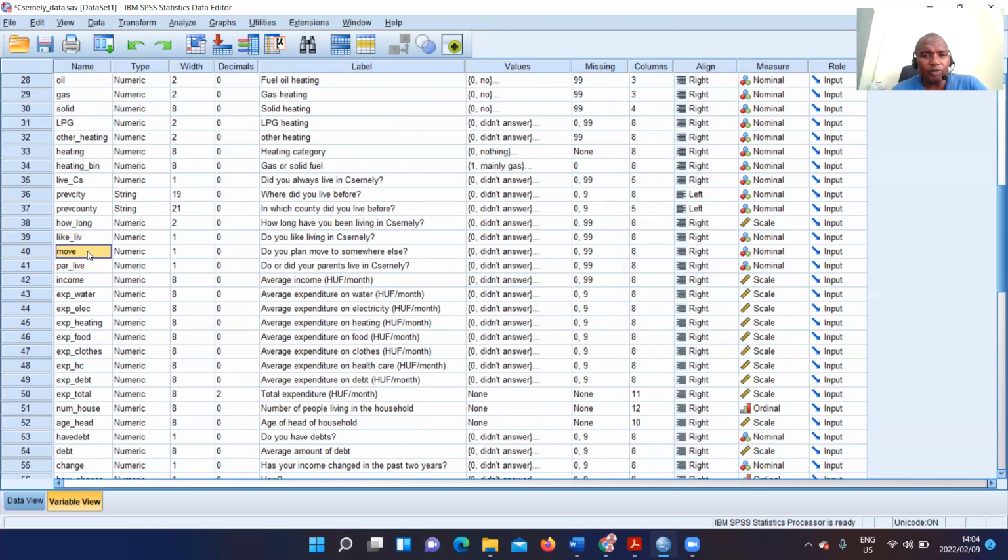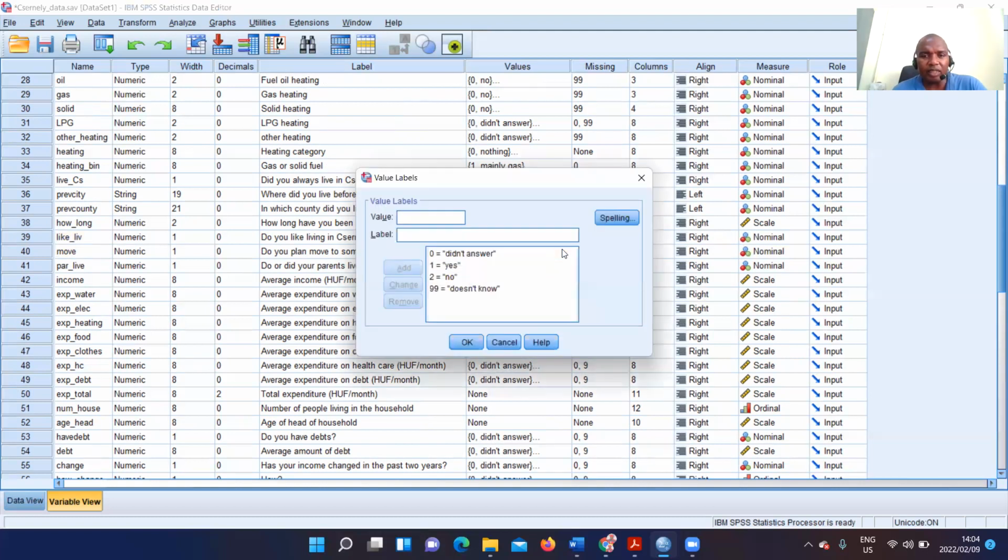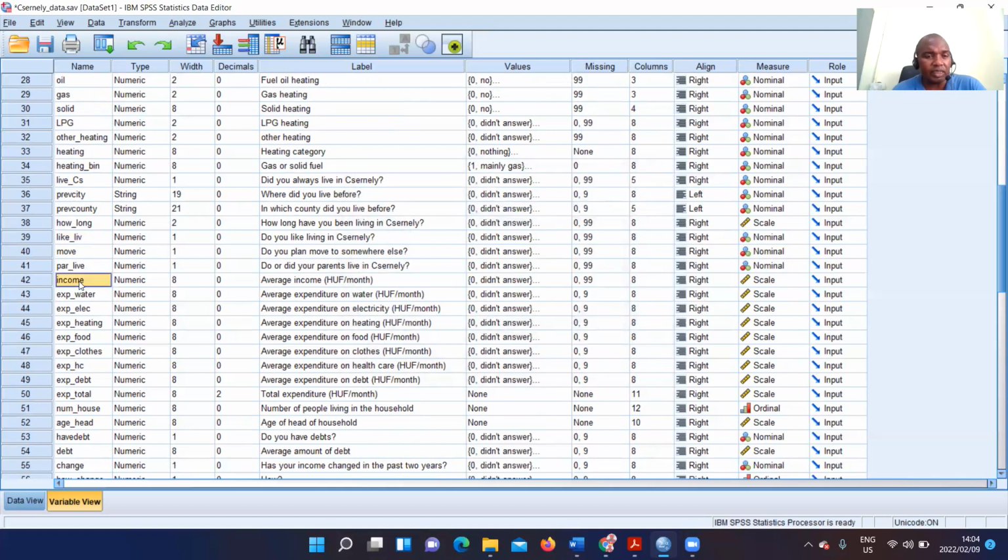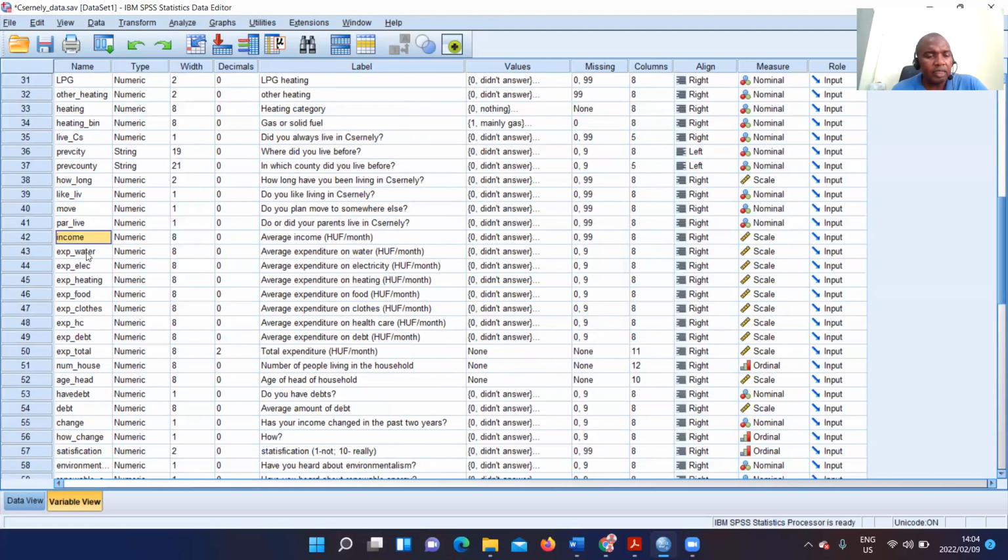Do you plan to move from Sandy to another place? The options are basically the same as for the preceding questions. And then we proceed all the way to expenditure.